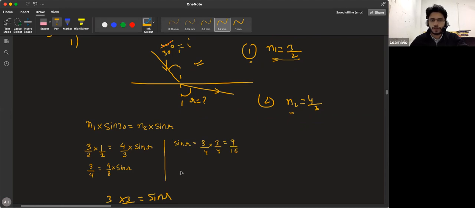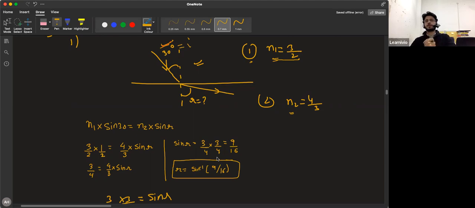And you can say that your R is sine inverse 9 by 16. This is the angle of refraction. Note it down.